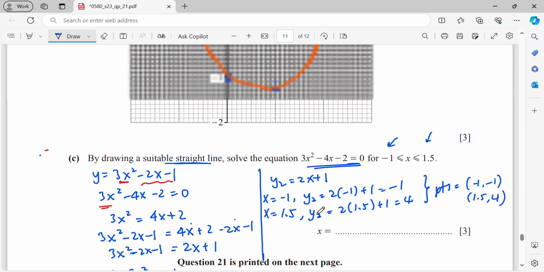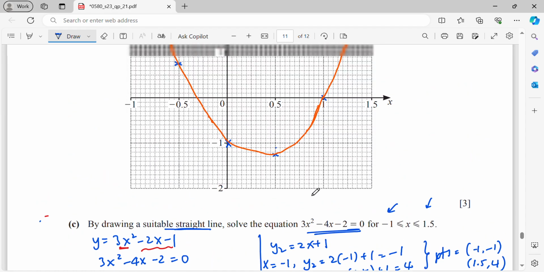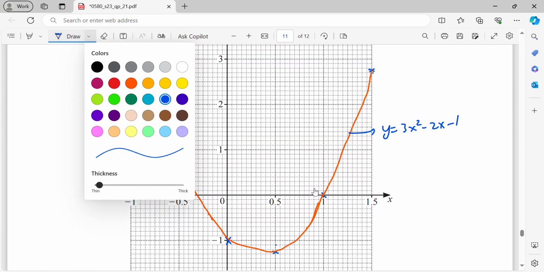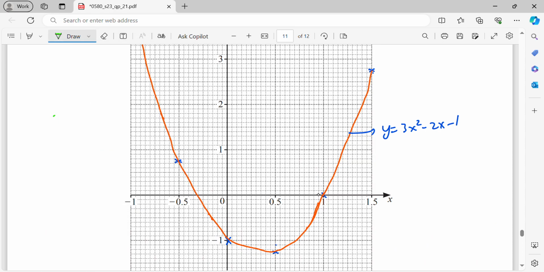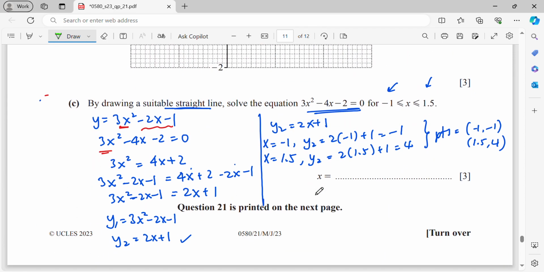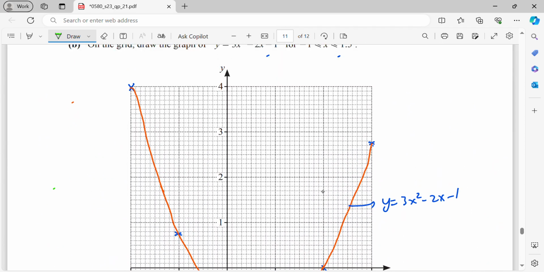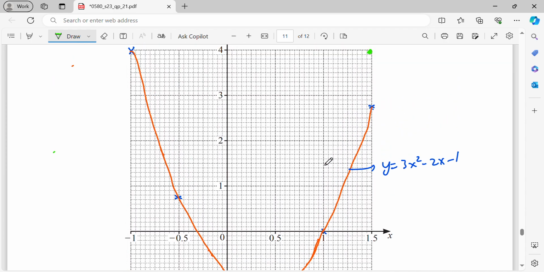So here, add on these 2 points: when x is minus 1, my y is minus 1, and then for 1.5, I get 4. Okay, so again, it is a straight line. Please join these 2 points using a ruler.